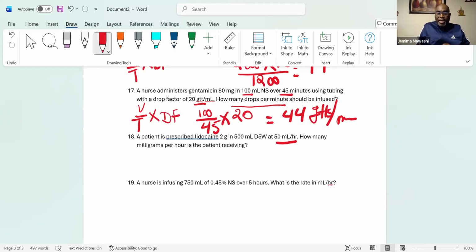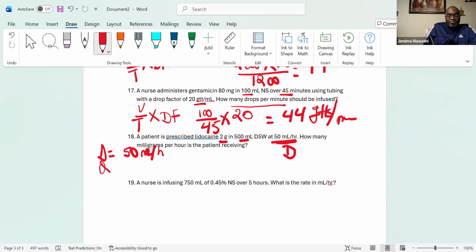So whenever they've already given you milliliter per hour, this is your dosage. I want you to remember that. And this here always goes together. Your dosage is 50. Remember, I said we can call infusion rate your dosage as well.